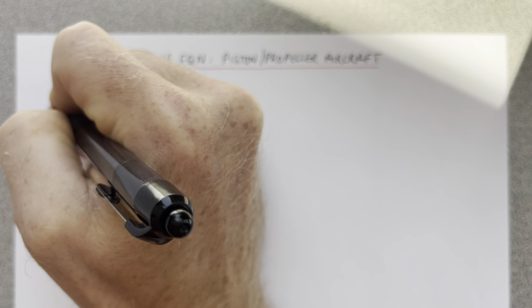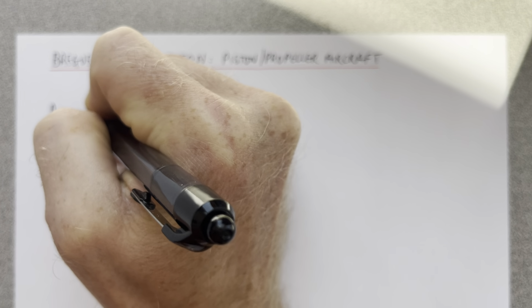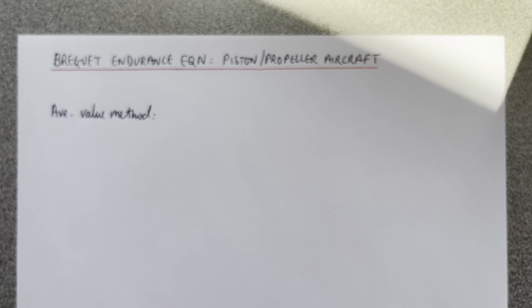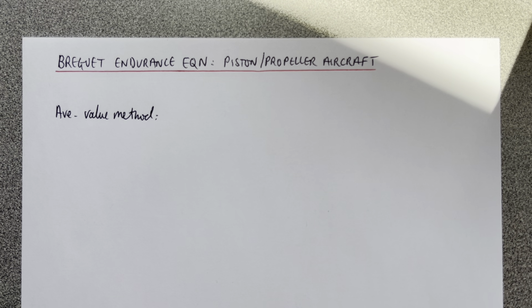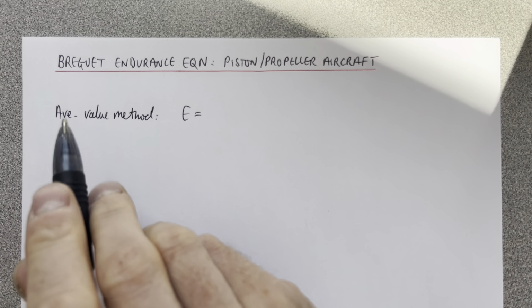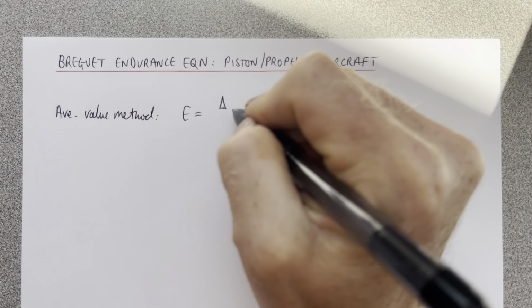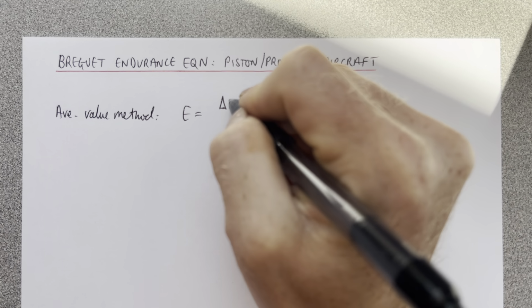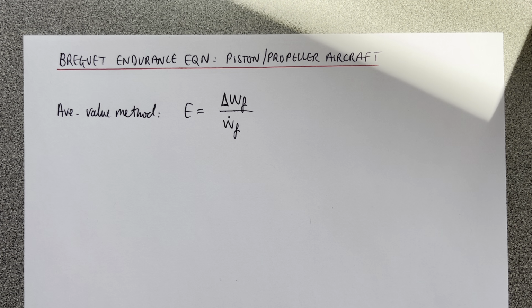To start this derivation, we actually need to go back to the so-called average value method for endurance. The average value method states that endurance is simply equal to the amount of fuel that we have to burn, delta WF, our fuel load, divided by the rate at which we're burning it, WF dot, the rate of fuel burn.